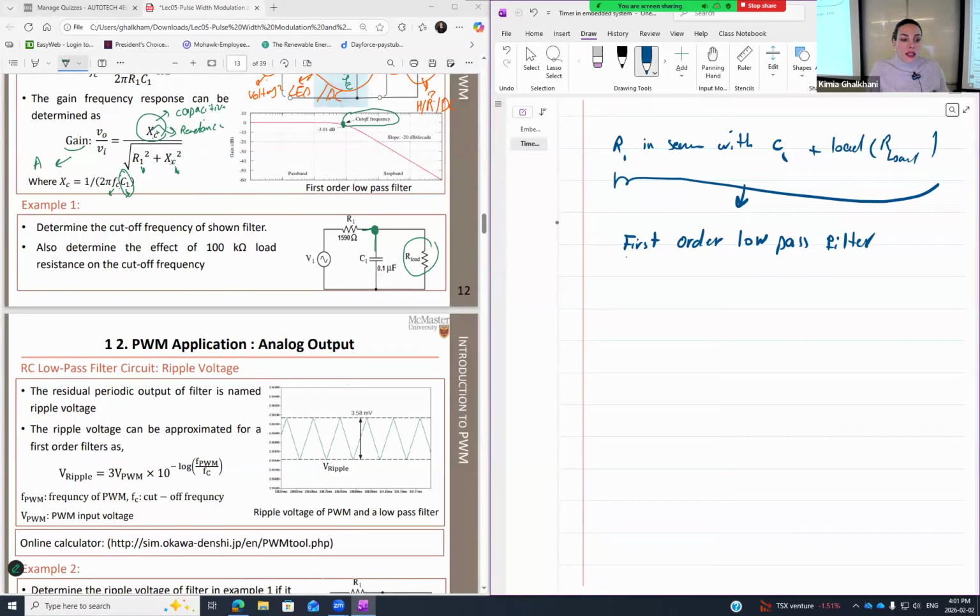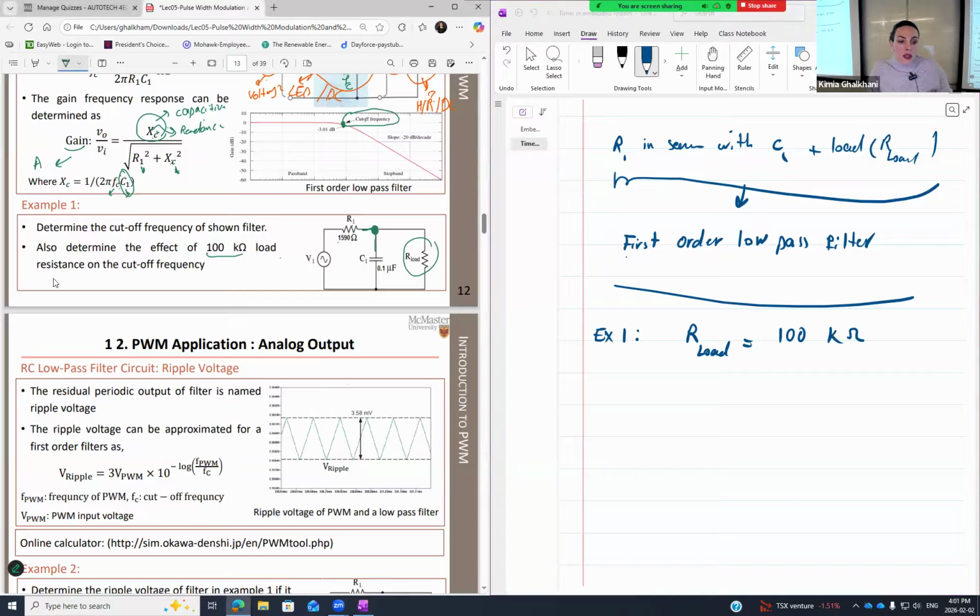Now I'm going to look at this example. I have been asked to calculate the effect of a 100 kilo ohm load. Means in this example, example 1, I have been asked to calculate in the situation that you do have R load to be 100 kilo ohm, what is the resistance for this circuit?